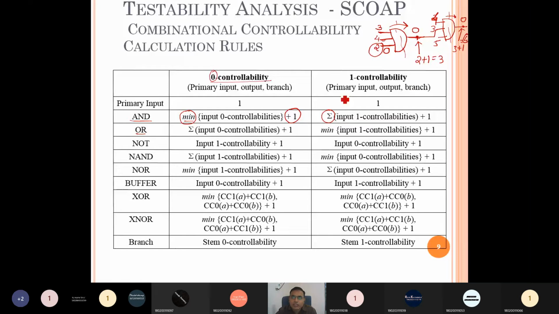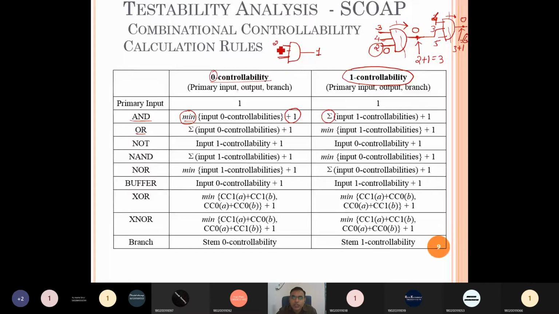And why is it a summation to set the one controllability? One controllability means we want to set the output of the AND gate to logic 1. The output of an AND gate is 1 only when all the inputs are 1, so we have to sum the controllabilities of all the inputs plus 1.